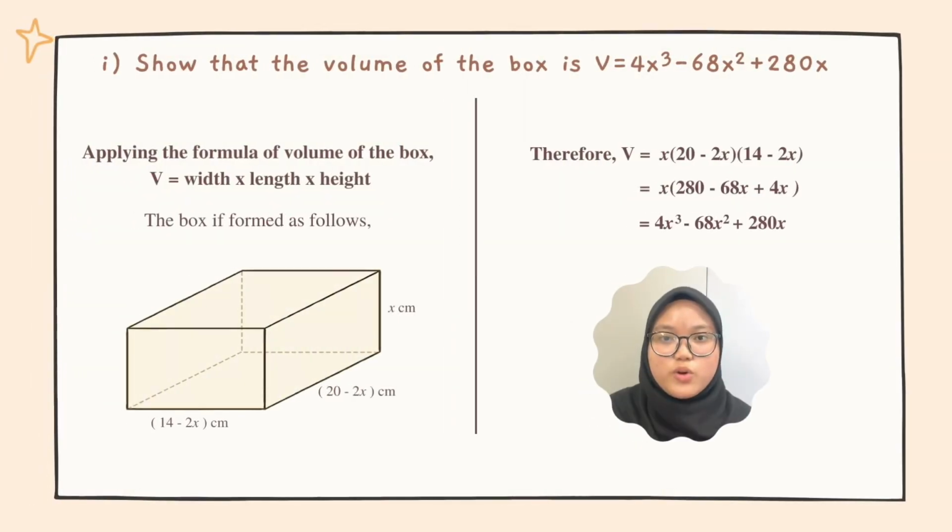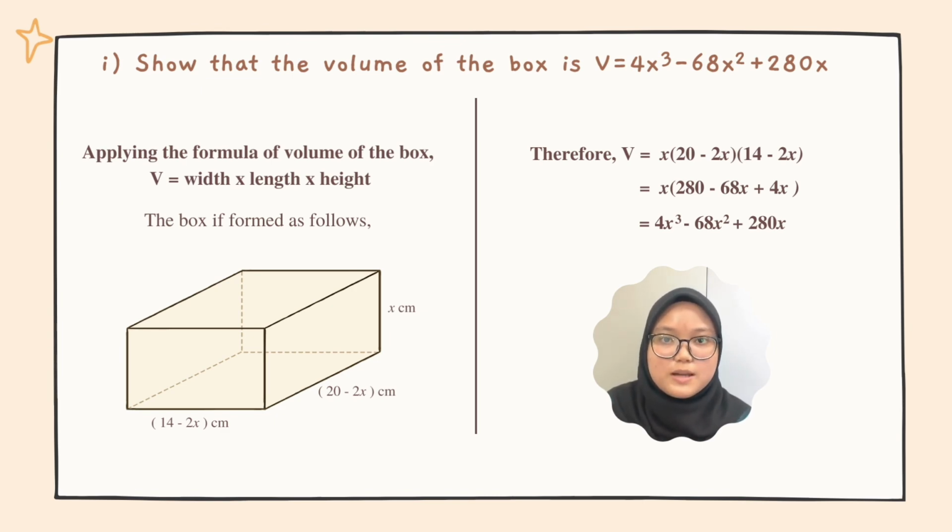For question 1, show that the volume of the box is V equals 4x cubed minus 68x squared plus 280x. Step 1: after we cut off the squares, we get new expressions for the width and length, while the height remains the same. The new width and length will be 14 minus 2x cm and 20 minus 2x cm respectively.